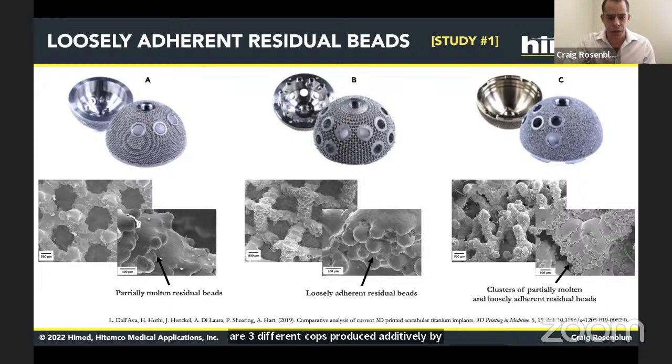And certainly all of the lattices are quite unique, but a commonality is that residual beads, partially molten and loosely adherent, are included on this lattice regardless of the additive manufacturer that was used.